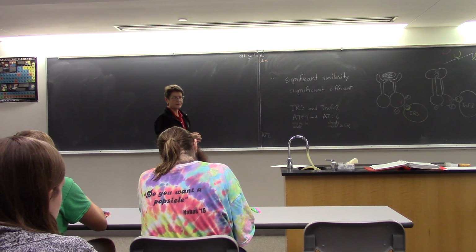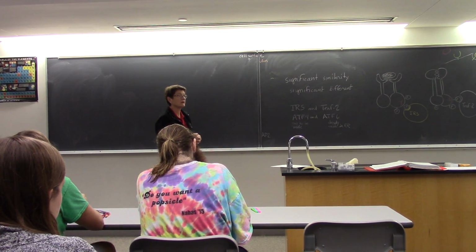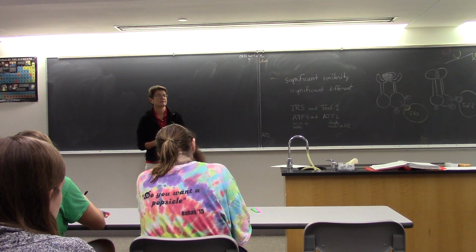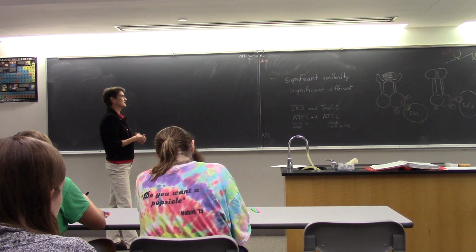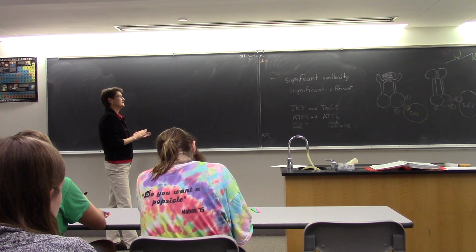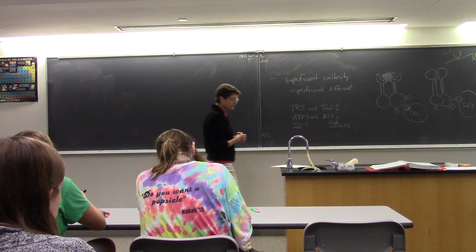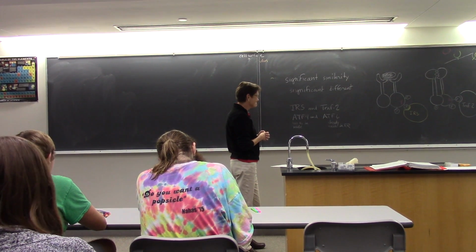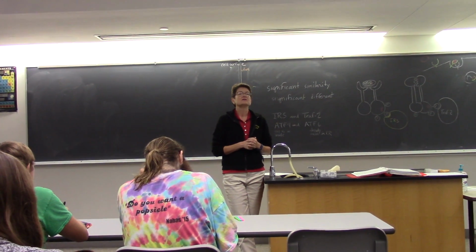Which one turns on the gene for CHOP? ATF4. Does ATF6 turn on any genes associated with apoptosis? No, it doesn't. ATF4 is the transcription factor that turns on CHOP, which then turns on apoptotic genes. Okay. So does that make sense? Does that help?